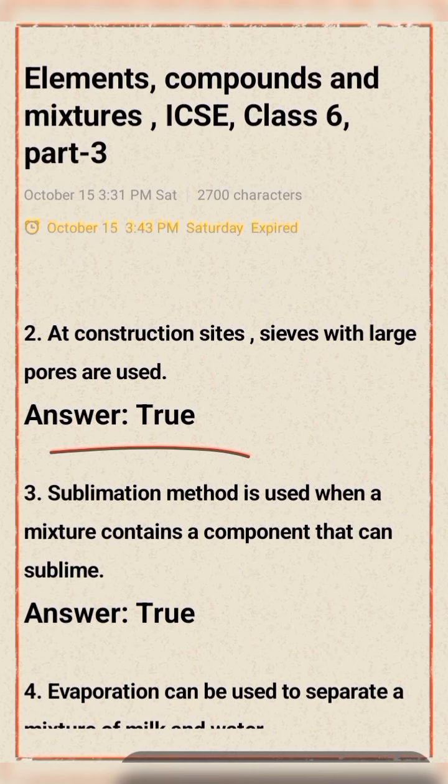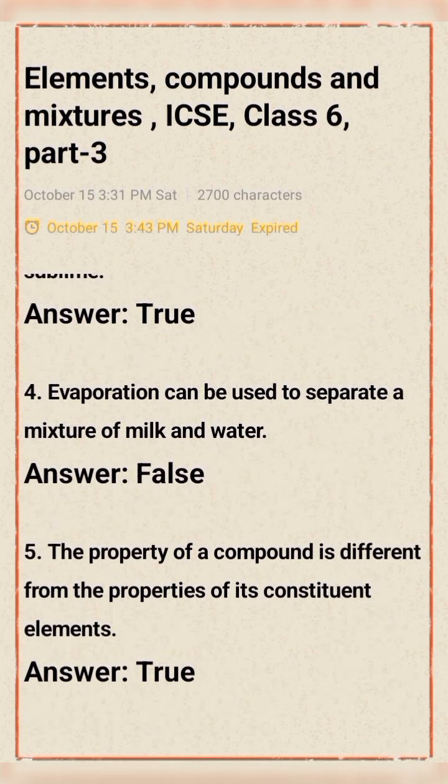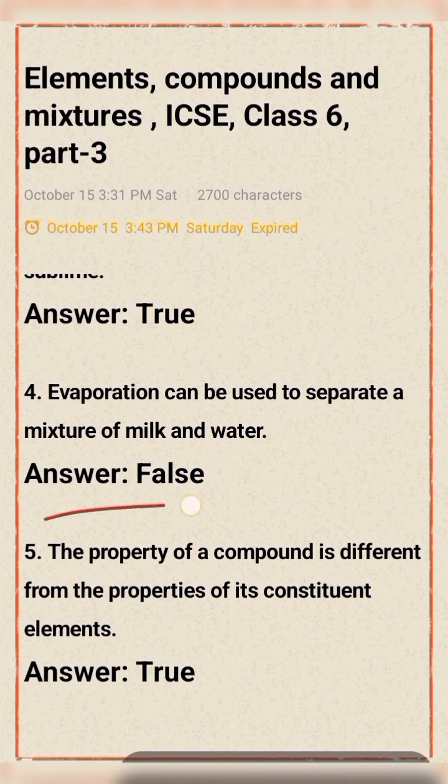Next question number 3. Sublimation method is used when a mixture contains a component that can sublime. This statement is true. Question number 4. Evaporation can be used to separate a mixture of milk and water. This statement is false. Next question number 5.